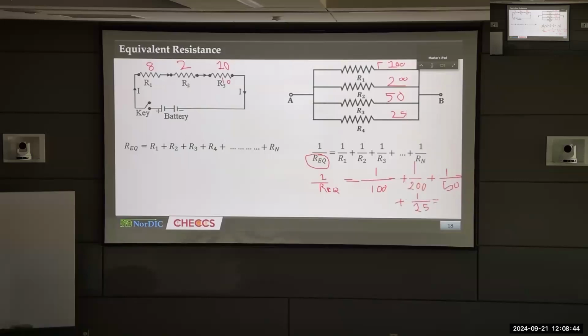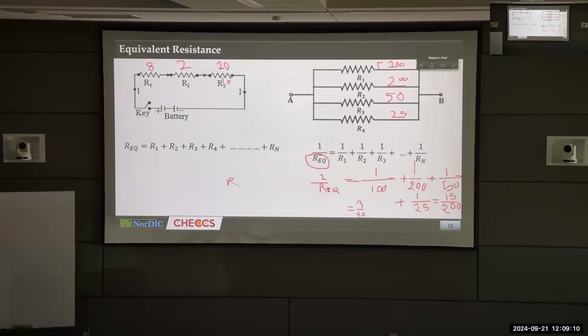So if you just do simple mathematics, you will see that it is going to be around 15 by 200, which is basically how much? 3 by 20, something like that? No, 3 by 40.